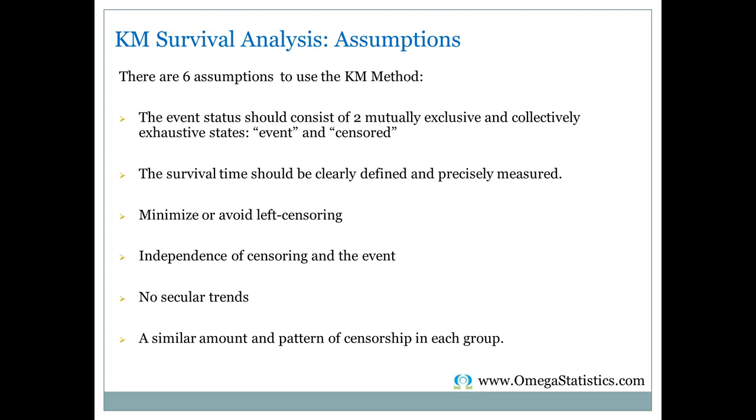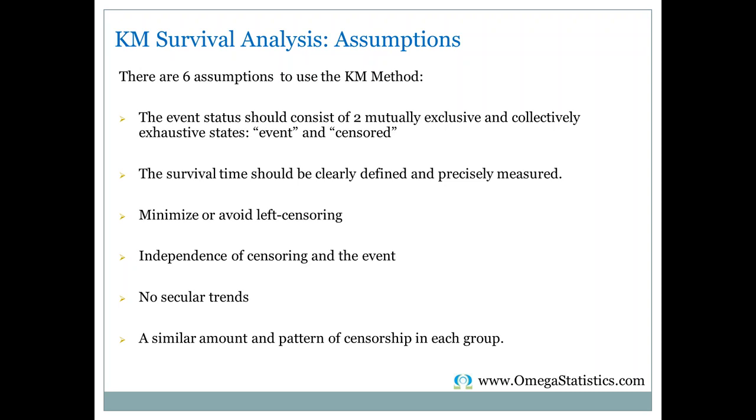I won't go into it today because they are complicated, but you want to make sure that you're not doing things that are going to change that survival over time because you have a better drug or better screening or something like that. Okay. And a final assumption, there should be a similar amount and pattern of censorship in each group.